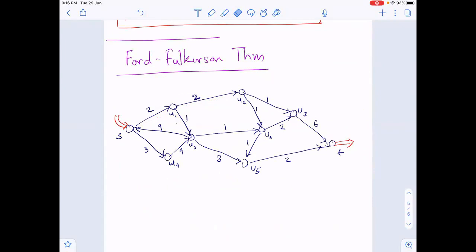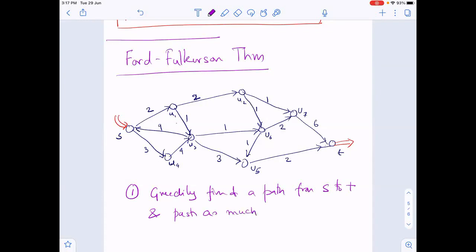The first thing is that you greedily find a path from S to T and push as much flow as you can through that path.